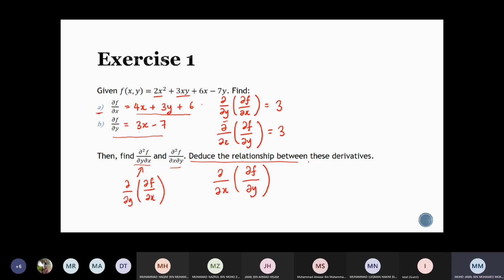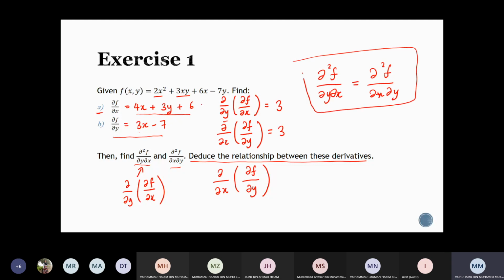So what relationship can you deduce? Basically, del square f del y del x equals del square f del x del y. This is an important relationship.